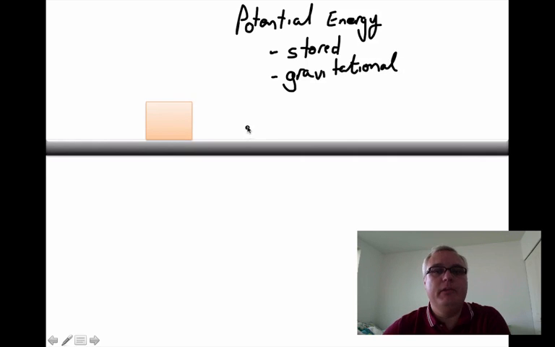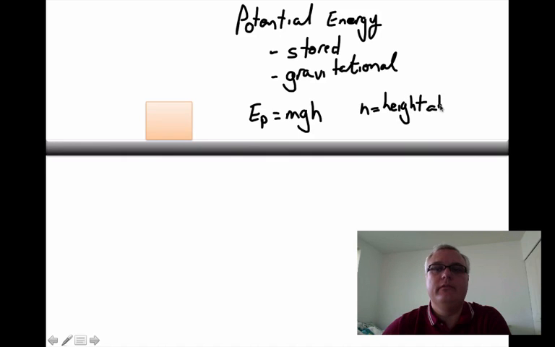And gravitational potential energy then is equal to, we're going to call it EP for potential, mgh. So the force of gravity, the weight of the object, times h. And h is going to be equal to the height above the surface.